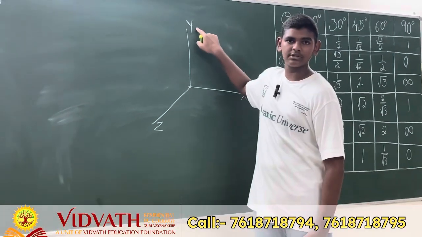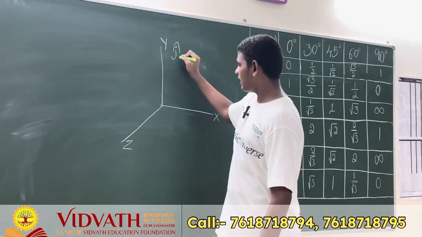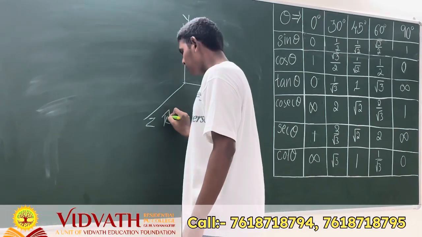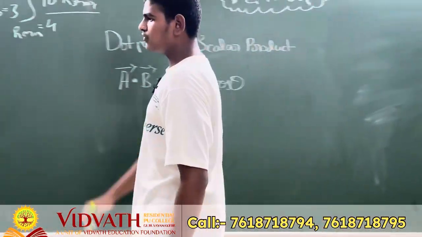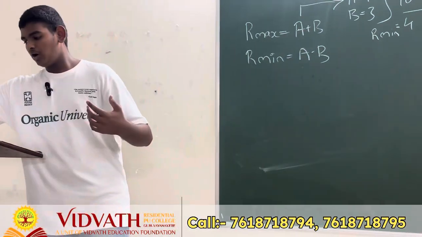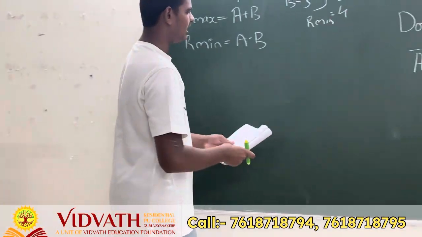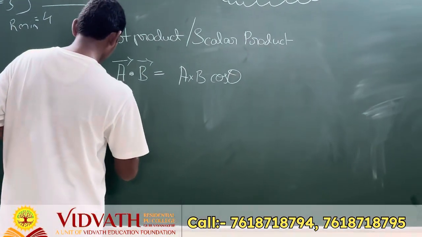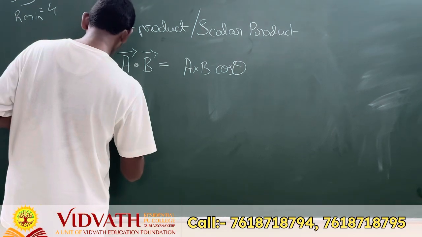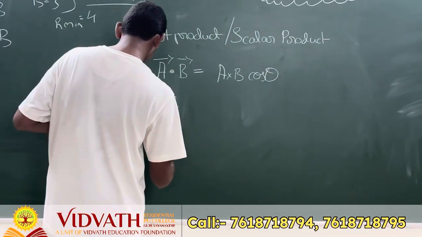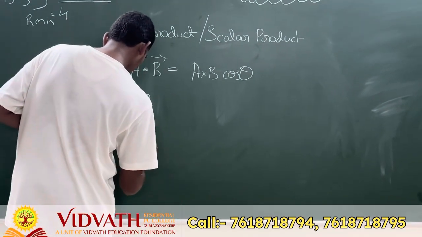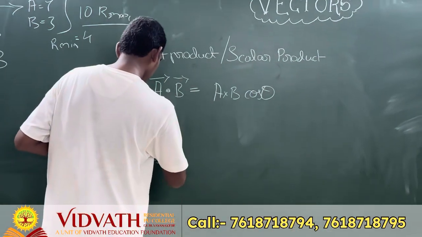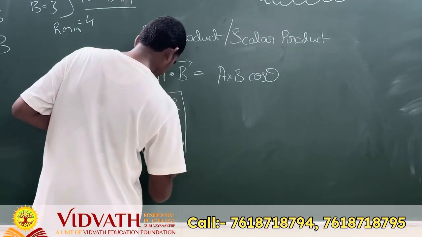What does y represent? j cap, and z, k cap. With this done, let me give you the first problem, the first weapon that we're going to use against our enemy. A is equal to 2, B is equal to 3, cos 30. This is the data given.